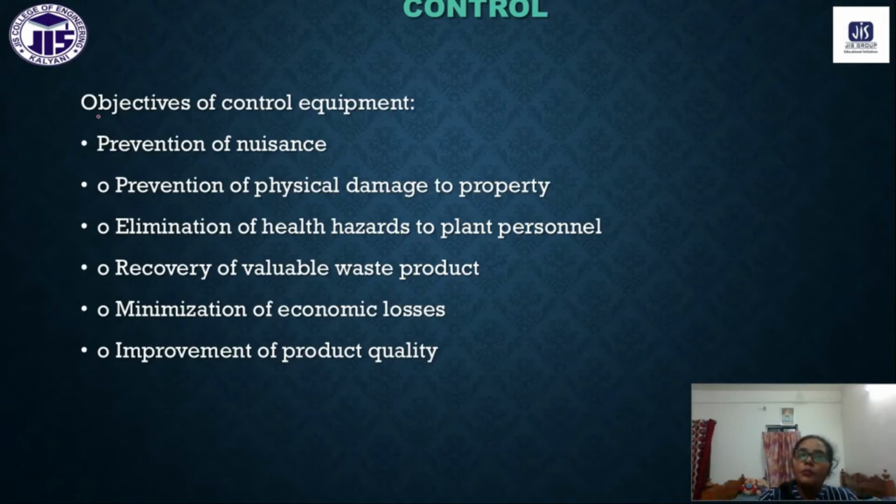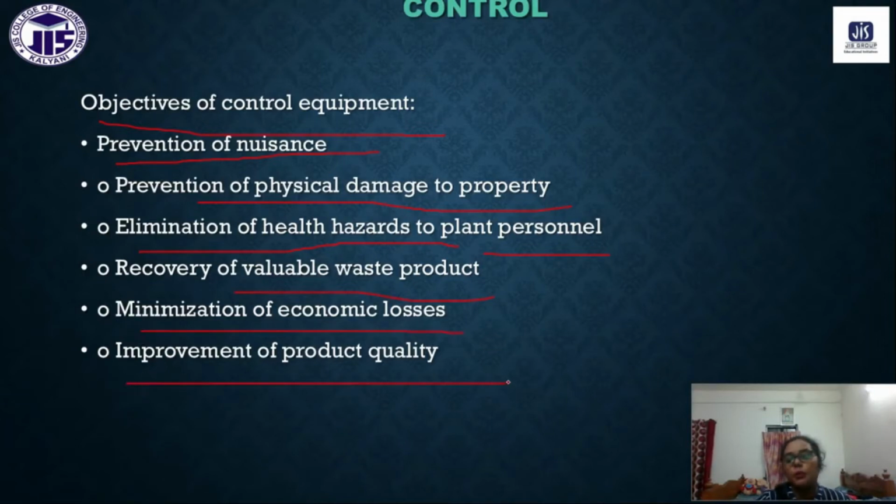The main objectives of using control equipment are prevention of nuisance, prevention of physical damage to property, and elimination of health hazards to plant personnel from the hazardous gases and chemicals coming from the industry and factory. Also recovery of valuable waste products, minimization of economic losses, and improvement of product quality.